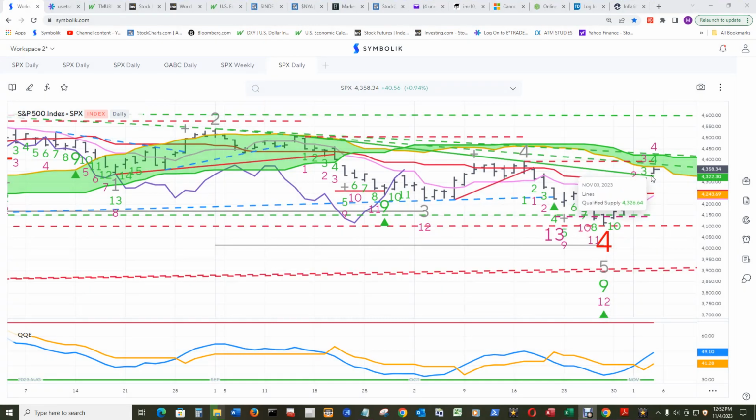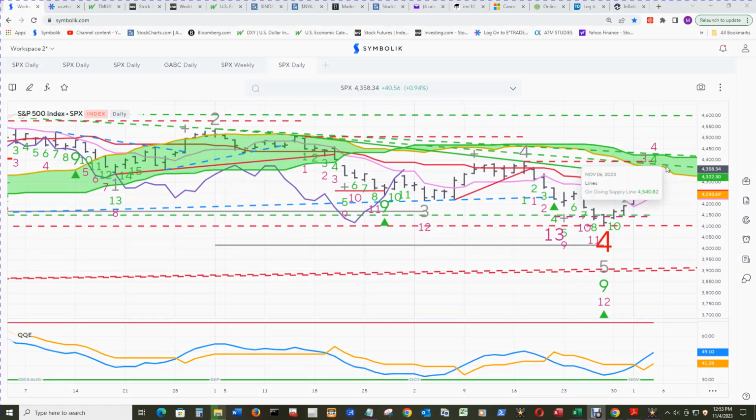And this ongoing supply line was qualified on Friday's price action, had a nice gap up above it and closed above it. So that's qualified. If there's an open higher than this close for Monday and close higher than the close, then it will be qualified and confirmed, and we'll get a supply projection possibly within the cloud here.